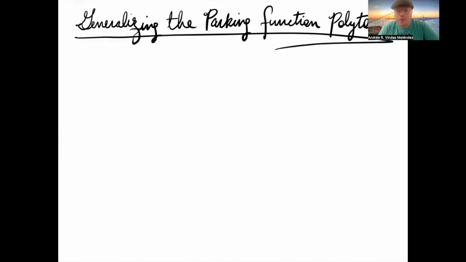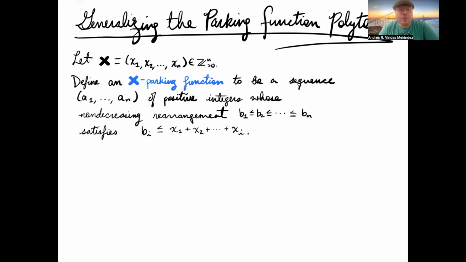And so what we want to do is do a generalization of this parking function polytope. So we're going to take a vector x to be this x1 through xn of non-negative integers. So we define an x parking function, so this is a generalization of a parking function, to be a sequence a1 through an of positive integers.